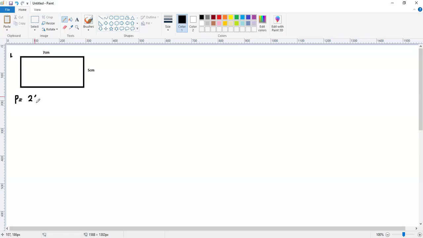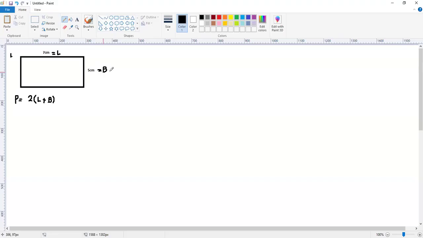I'm not sure. Okay, don't worry, I'll remind you. 2 times length plus breadth. Another name for the breadth is the width. So technically, 7 is the longer side, isn't it? So that's why it's the length. And 5 is the shorter side. That's why it's the breadth or the width.